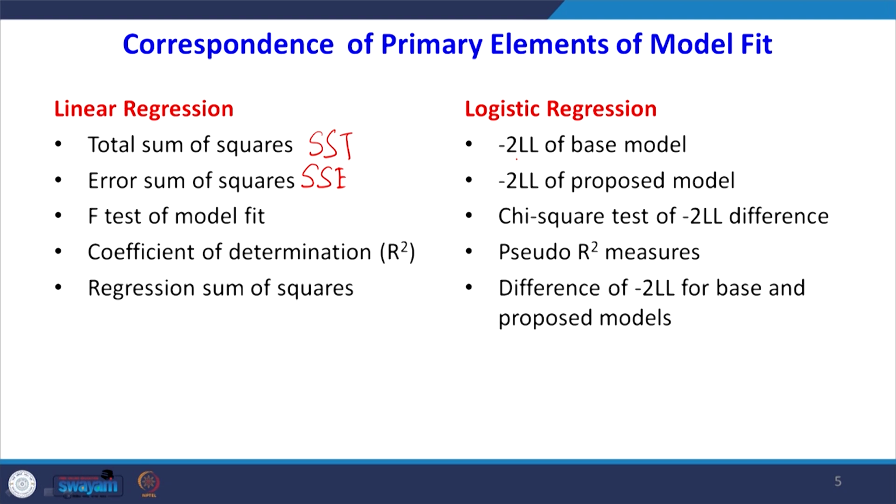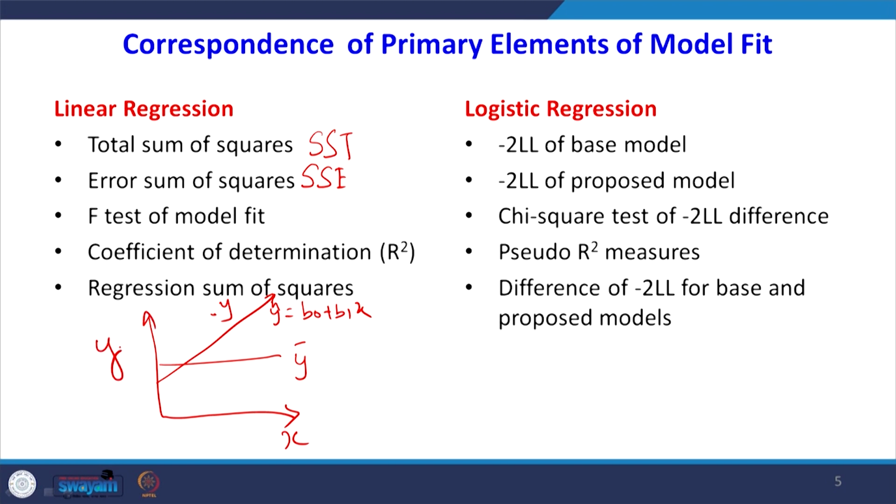We know that in a simple linear regression, the meaning of SST is like this. Say this is y bar, this is y. Suppose a line goes like this, this is our predicted value b0 plus b1x, this is our x value, this is our y value.